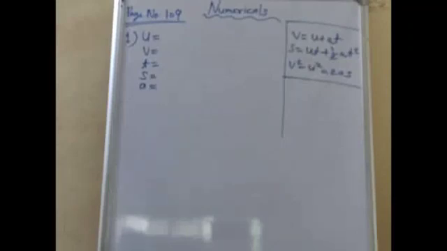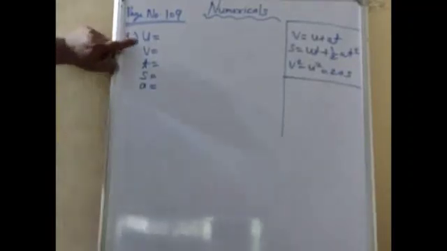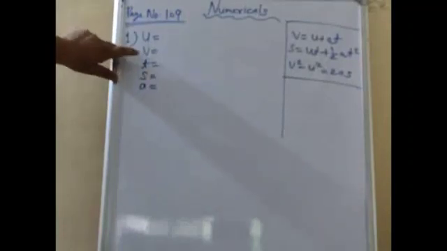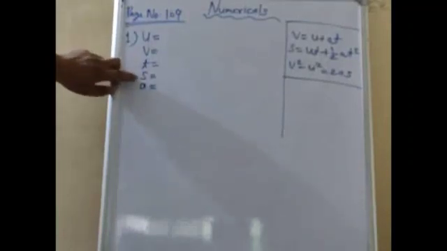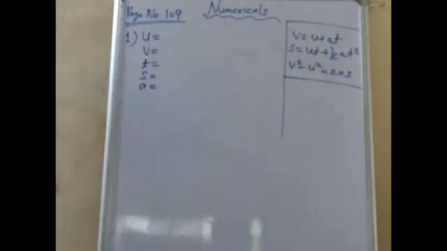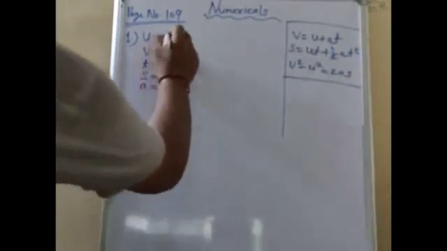There are two velocities, one is initial and one is final. Starting velocity is initial velocity and finishing velocity is final velocity. Initial velocity is denoted by U, final by V, T is for time, S for distance and A for acceleration. So here it is mentioned that starting from rest. Rest means there is no motion, means initial velocity will be 0.